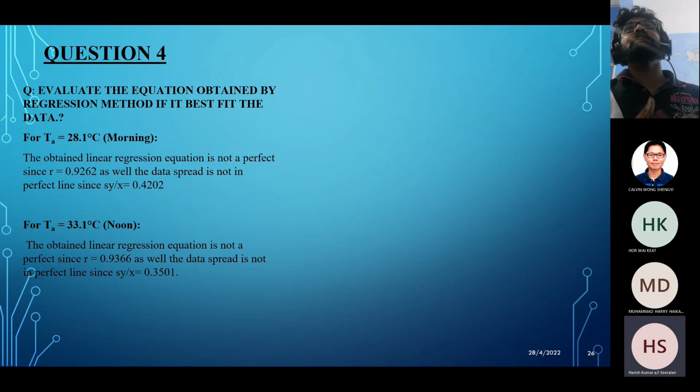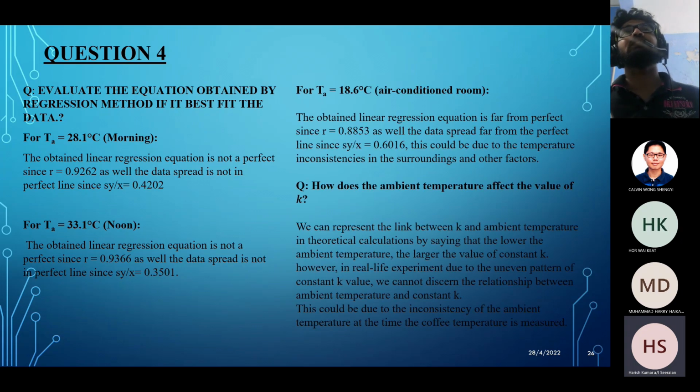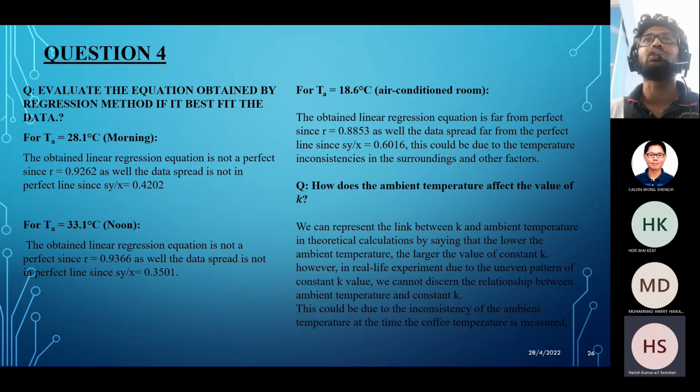So why doesn't it find the best fit line? Maybe it's due to the inconsistency of K, or because the ambient temperature is not constant. Maybe the temperature of the environment around is different, or it can be due to human error also.